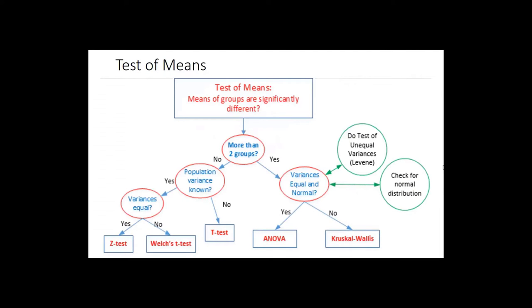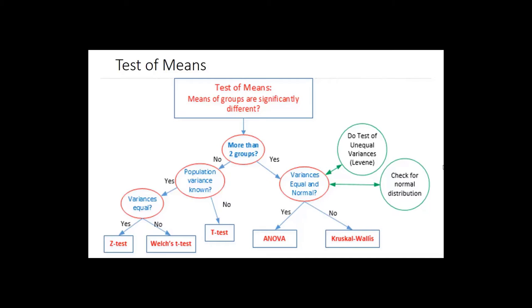So to summarize, when we do tests of means, we are comparing the means of measured parameters for groups. We want to find out if they are significantly different or not. We have to go through questions. Do we have more than two groups? If no, meaning we have only two groups, then we have to ask if the population variance is known.